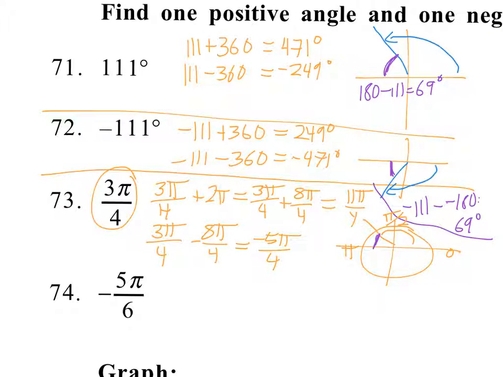And looking at this, that's going to be pi minus 3 pi over 4. That would be 4 pi over 4, and the answer is 1 pi over 4 when I subtract those two. That's my reference angle. I'd like you to notice my reference angle was the same as the denominator in that fraction.